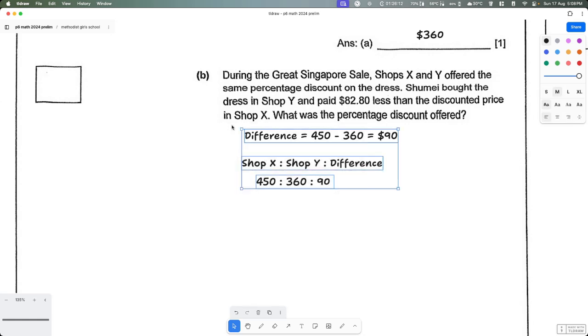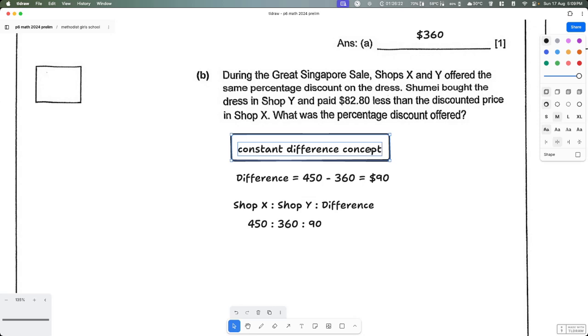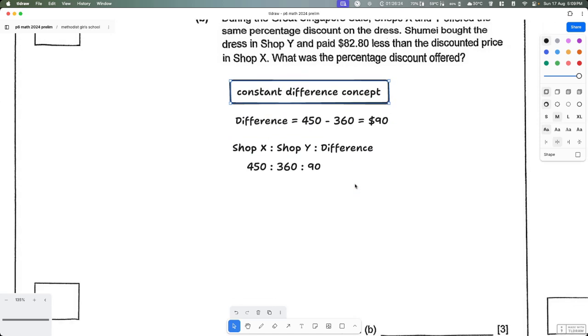So this is the constant difference concept, because none of their prices change.